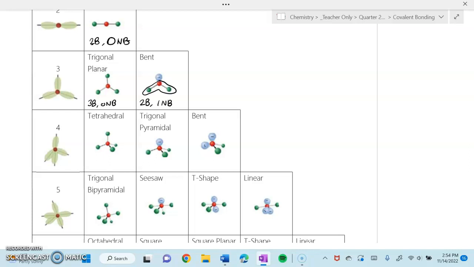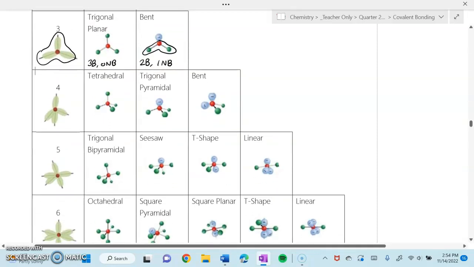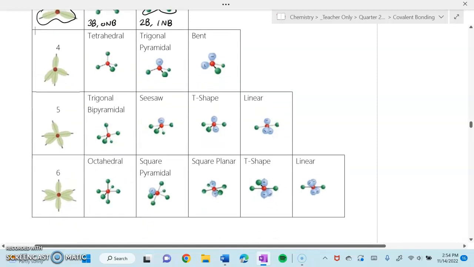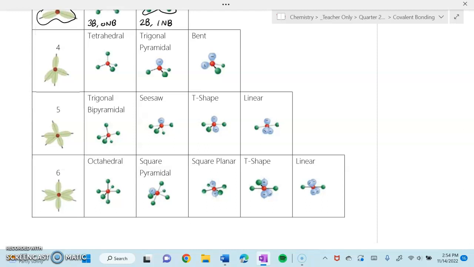A total of 3 electron regions, which is why it holds this overall shape. However, one of them is a lone pair, and the other 2 give us the bent shape when we have 1 non-bonding region.